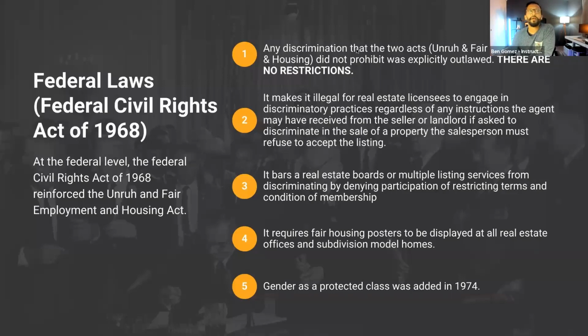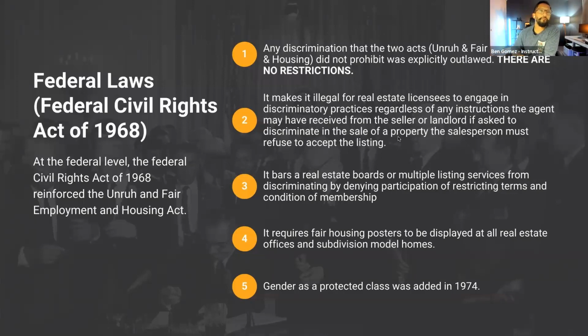And what does it cover? Any discrimination that's not in the two acts, the Unruh or the Fair Employment and Housing Act. There are no restrictions to this. It makes it illegal for real estate licensees to engage in discriminatory practices regarding any instructions the agent may have received from the seller.